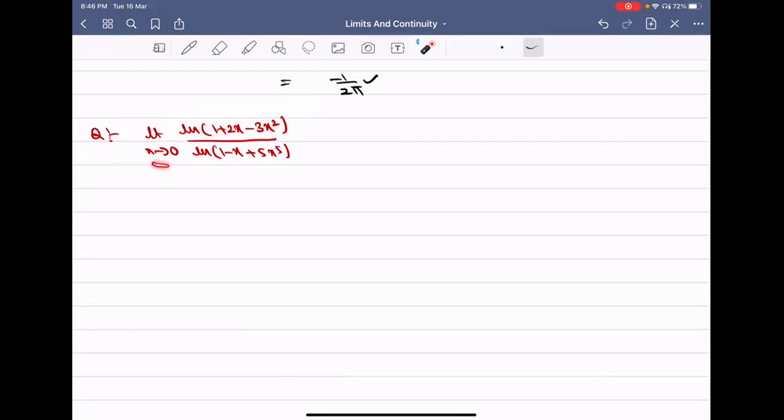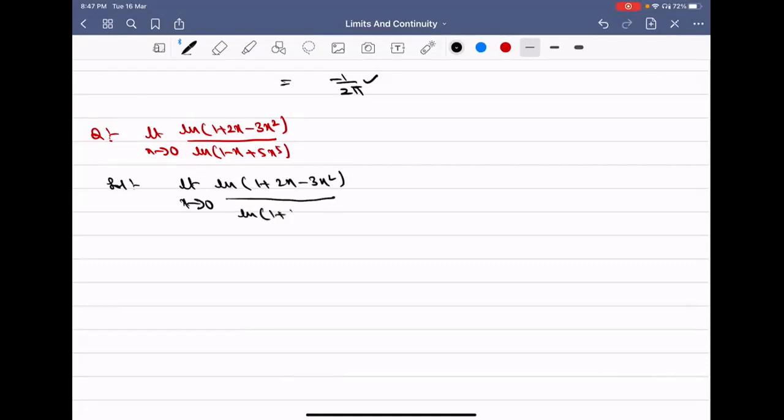Similarly, here, limit x tends to 0, this is ln of 5x power 5 minus x. If x goes to 0, this 5x power 5 minus x also goes to 0. Therefore, this total can be replaced with 5x power 5 minus x. So the solution with the help of infinitesimals: limit x tends to 0, ln of 1 plus 2x minus 3x square over ln of 1 plus 5x power 5 minus x.